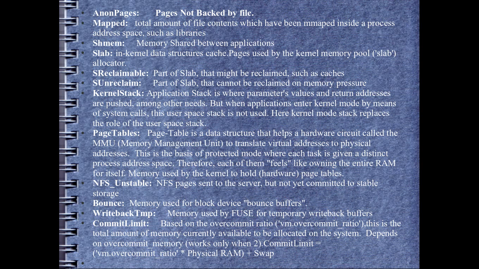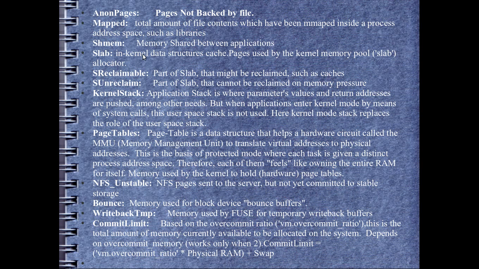The amount of memory that a process asks for is virtual memory. Mapped is the actual memory that is utilized by that process, or that is mapped. For example, the libraries that have been loaded by this process. Shmem, shared memory between the applications. Slab, in-kernel data structure cache.